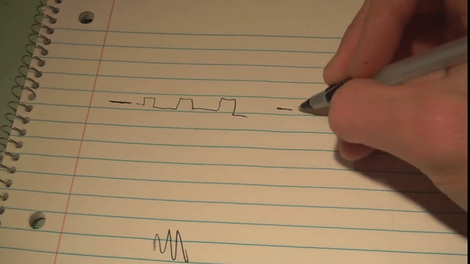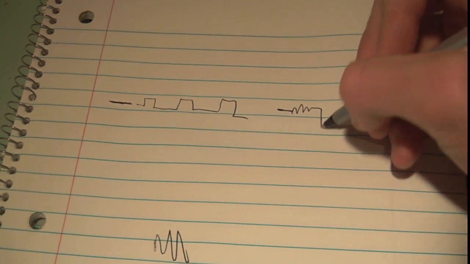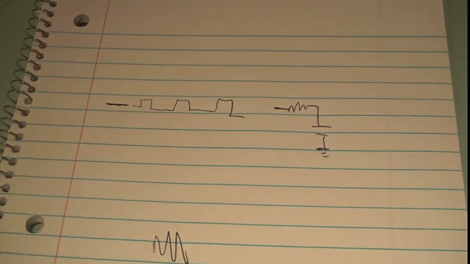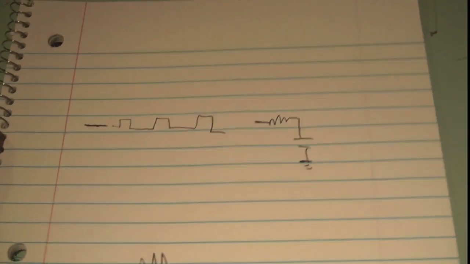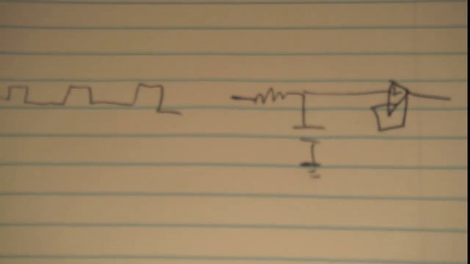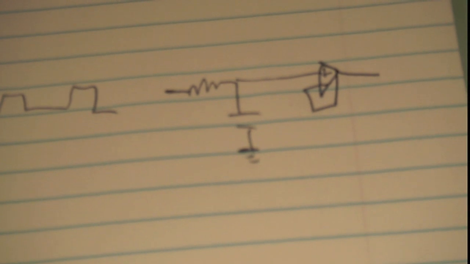Then you have a low-pass filter, just a simple RC filter. For this video, at least; we'll get into more complex concepts of RC filters in later videos. For now, we're just assuming the basic RC filter. Then for your output, you're going to buffer it with an op amp, for reasons I'm going to explain later.